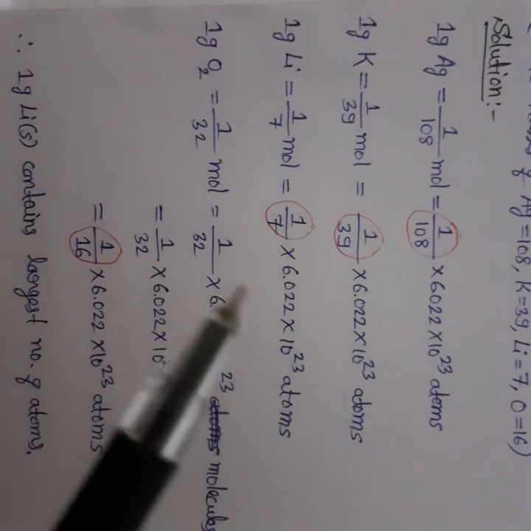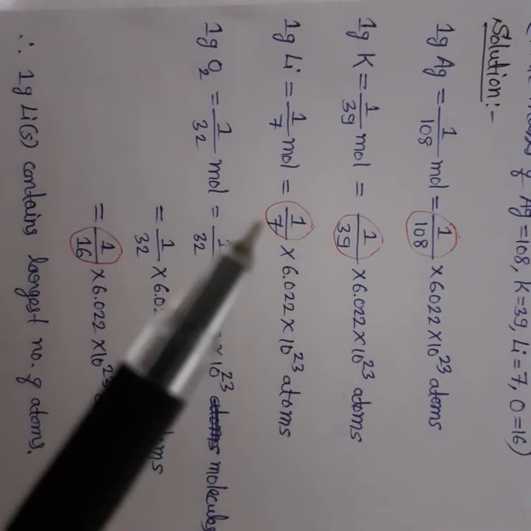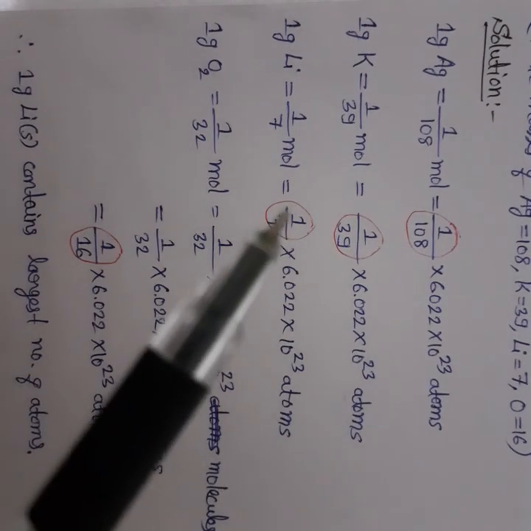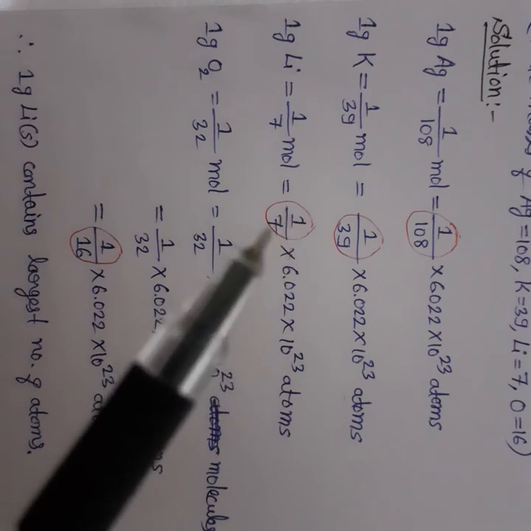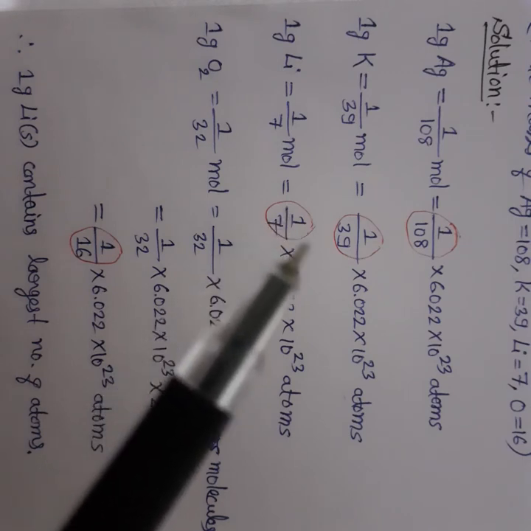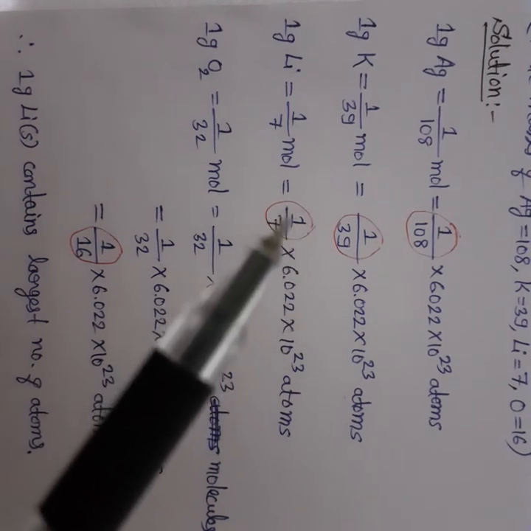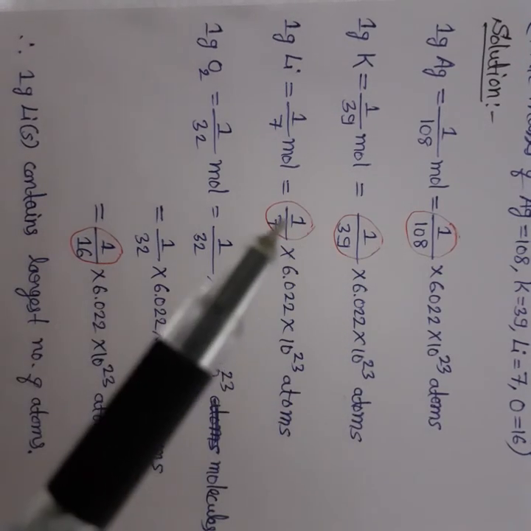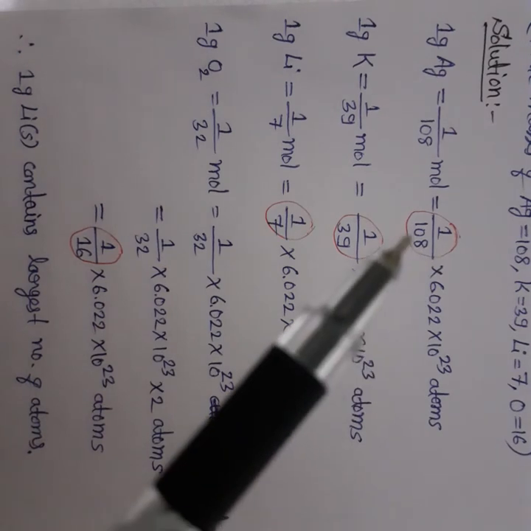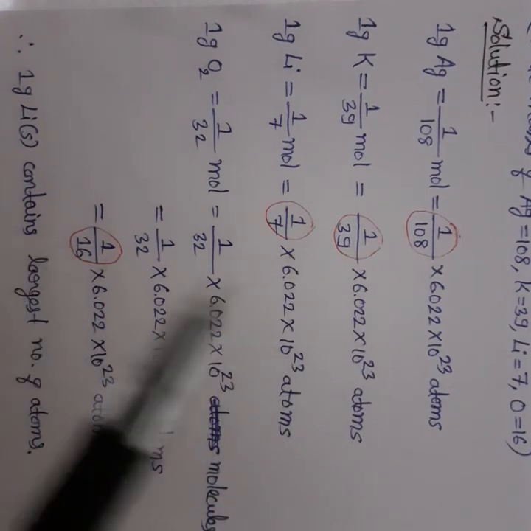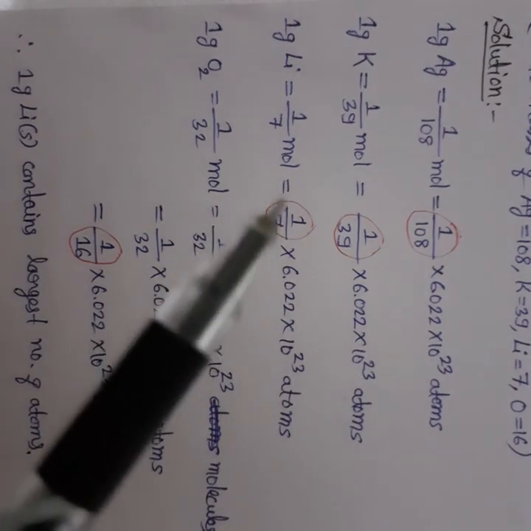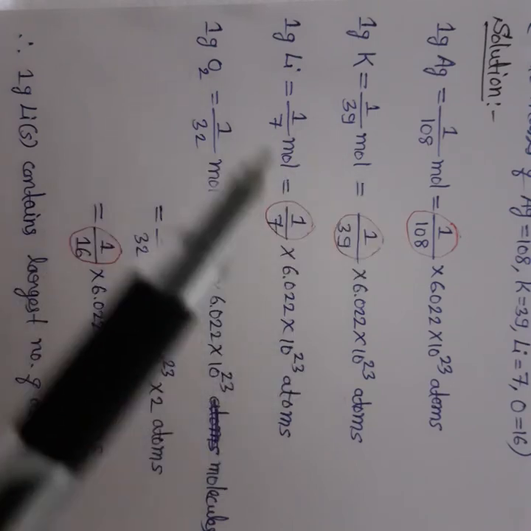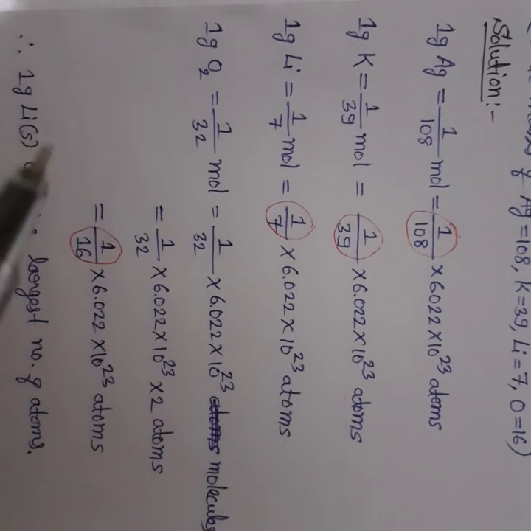Here the smallest value in the denominator is this one, that is 7. This value becomes more compared to the others, because in the denominator 7 is there, but here 108 is there, 39 is there, 16 is there. This will give the highest value among these four, hence 1 gram of lithium contains the largest number of atoms.